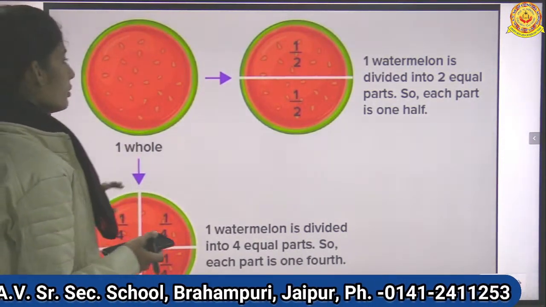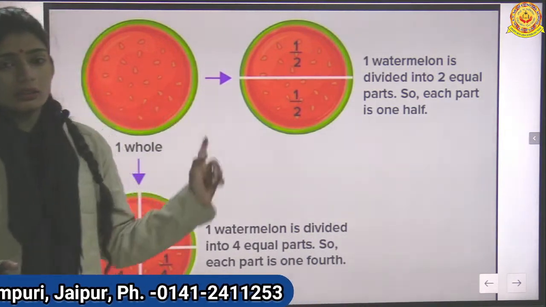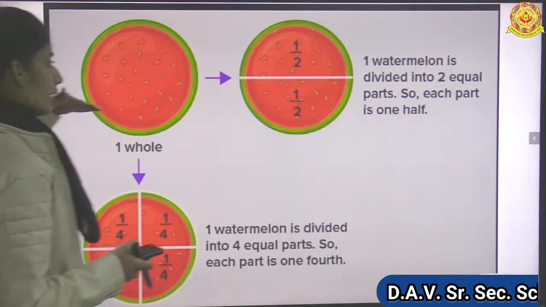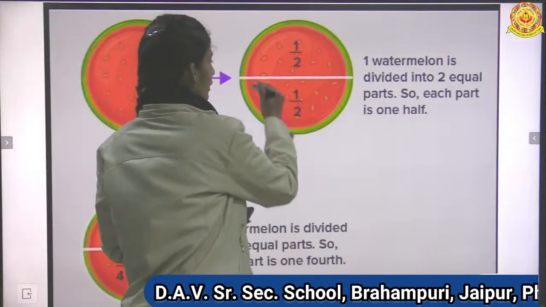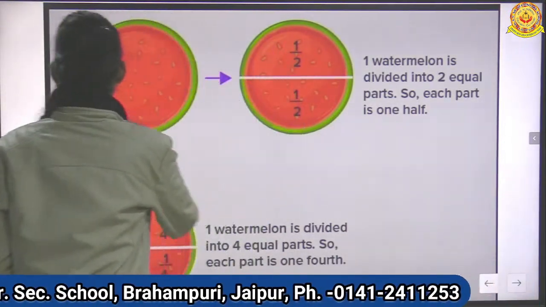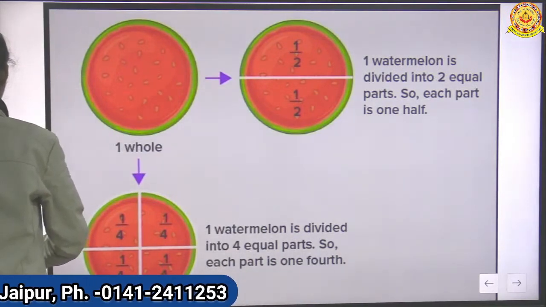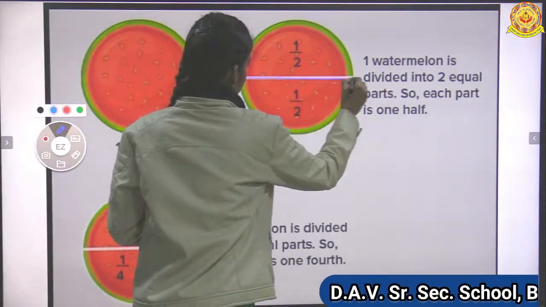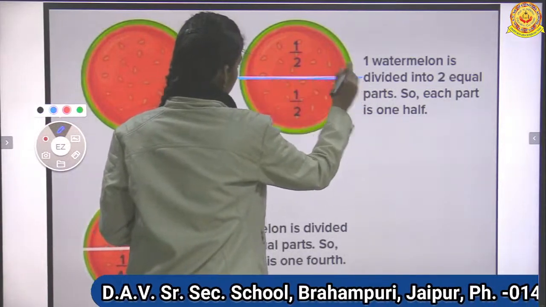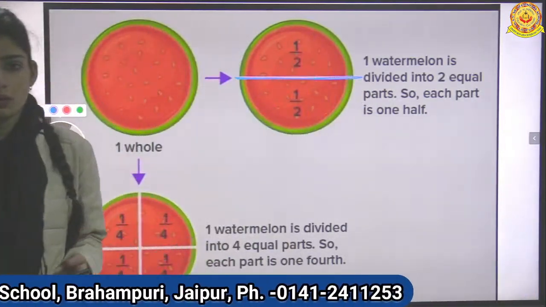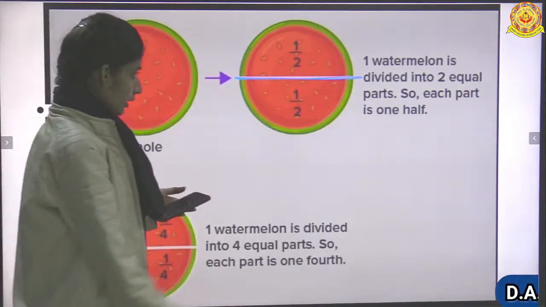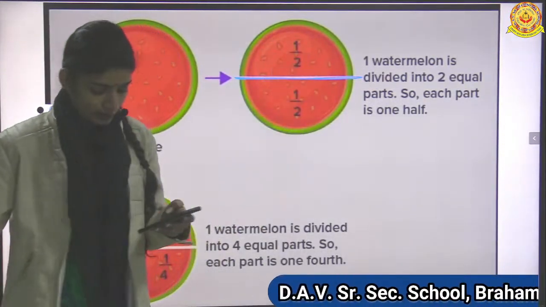Suppose I am asking you to distribute this watermelon between two people equally. So what will you do? You will cut it into two equal parts. Both the parts are equal. Total how many parts do you have?